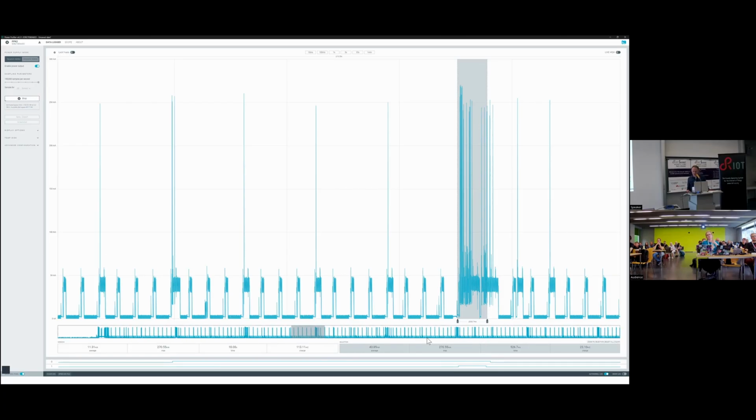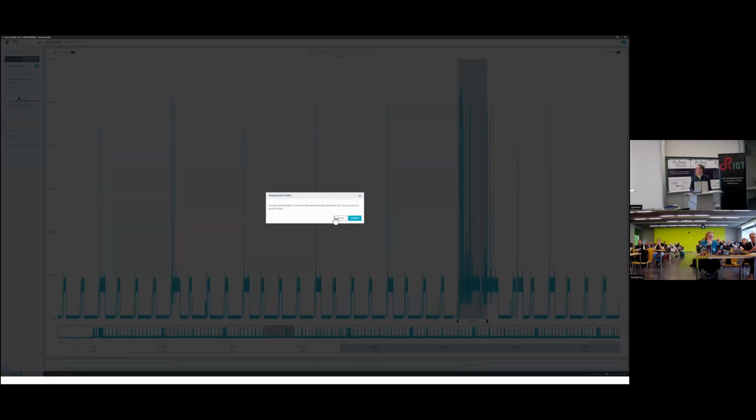And this is actually the cipher suite that I was using. It was actually a post-quantum crypto algorithm, ML-KEM 512.